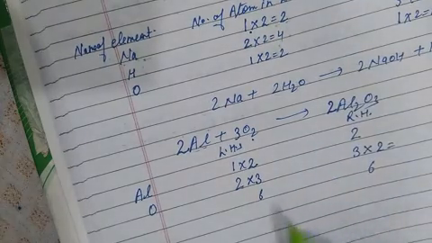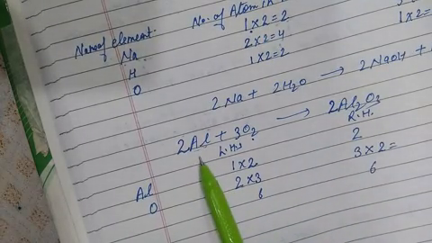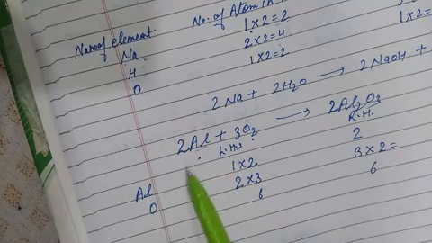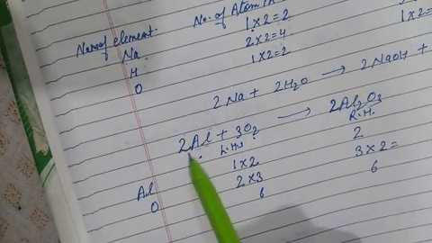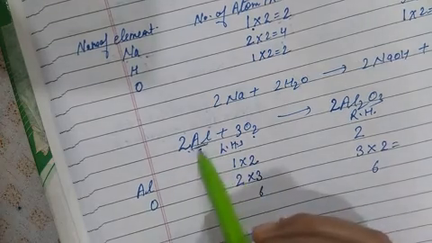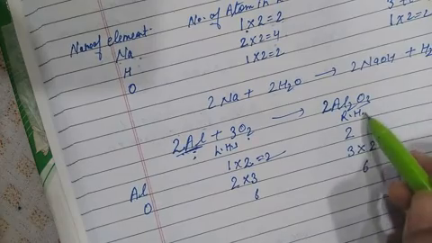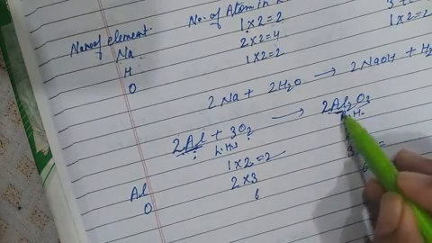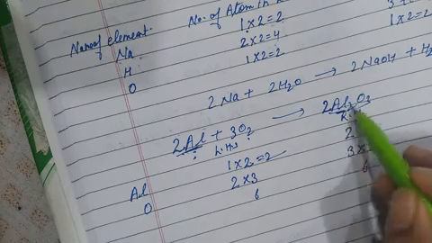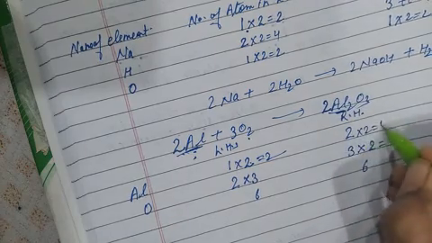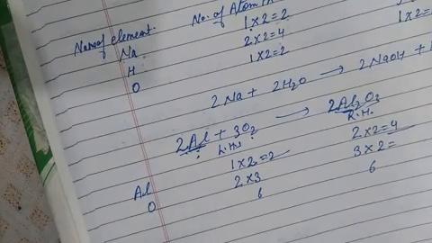But till now it is an unbalanced chemical equation. Why? You will see. Now how many atoms of aluminium in LHS side? 2. But you will see that in RHS side the number of atoms of aluminium, 2 2s are 4. You can see. So how can you balance?